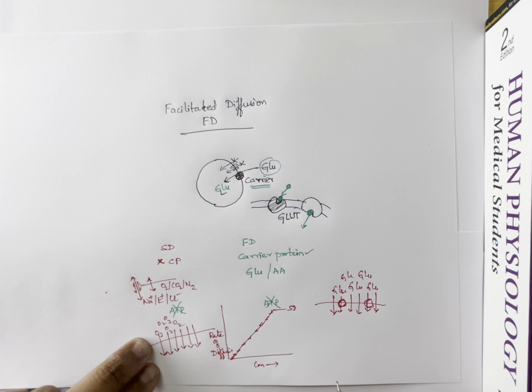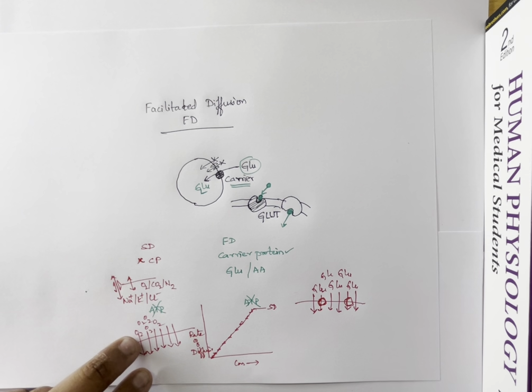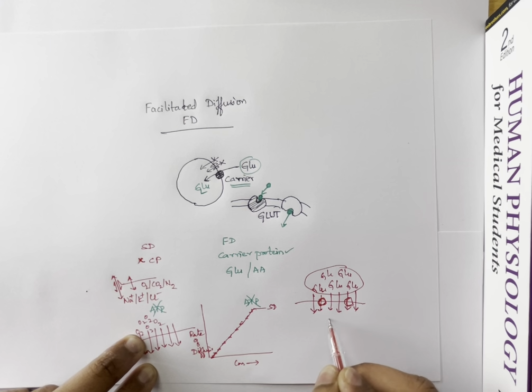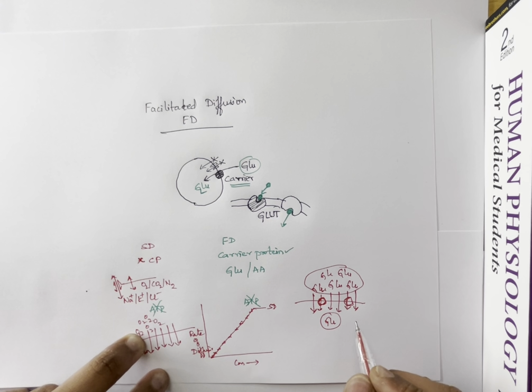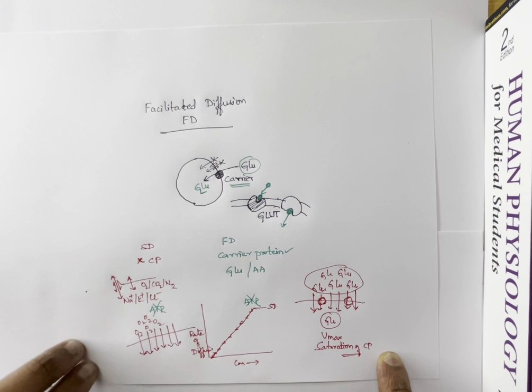So at a particular point, though there is an increase in the concentration, the amount of glucose entering will reach a maximum value. The maximum, or Vmax, is reached in facilitated diffusion. This is because of saturation of the carrier proteins.